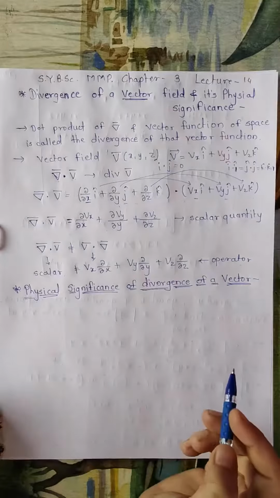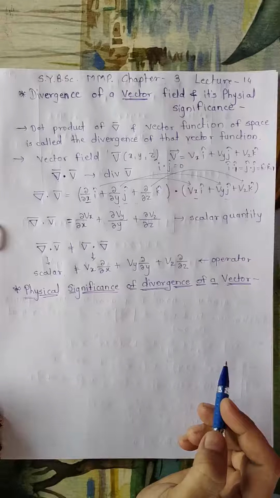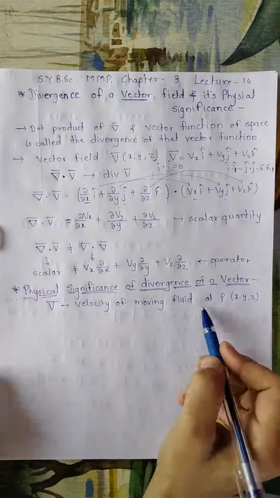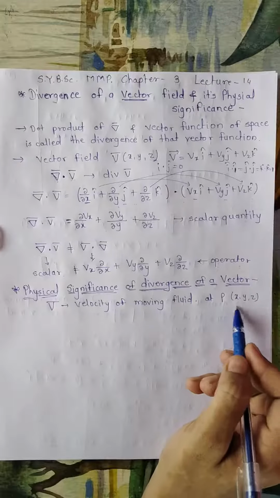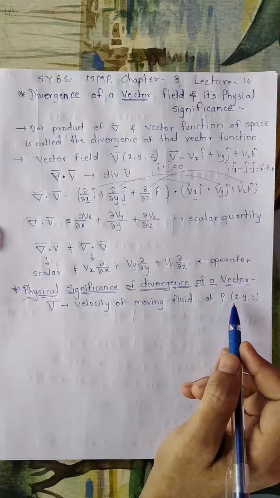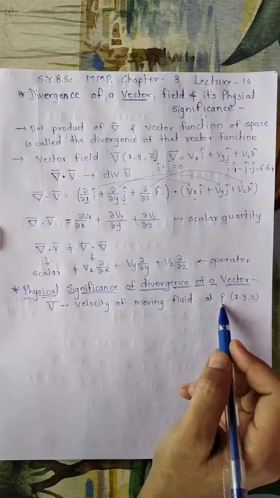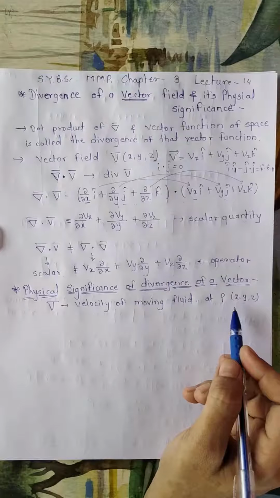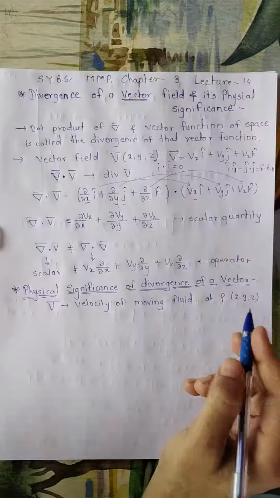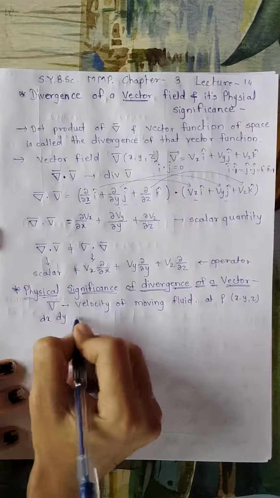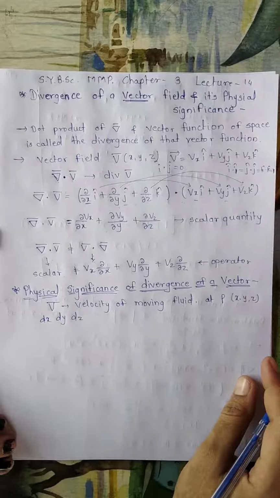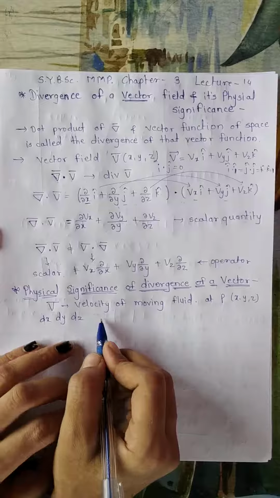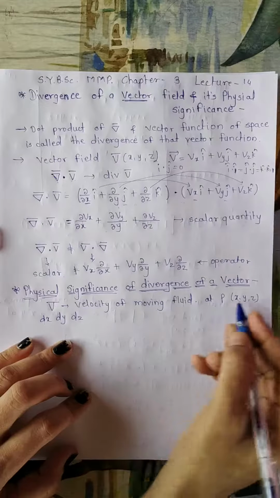To discuss the physical significance of del dot V, we will consider a vector V bar which represents the velocity of a moving fluid at point P, which is a function of three coordinates x, y, z in space. This point P is the center of a rectangular parallelepiped with edges dx, dy and dz, parallel to the Cartesian coordinate axes, and V bar is the velocity of the moving fluid at point P.